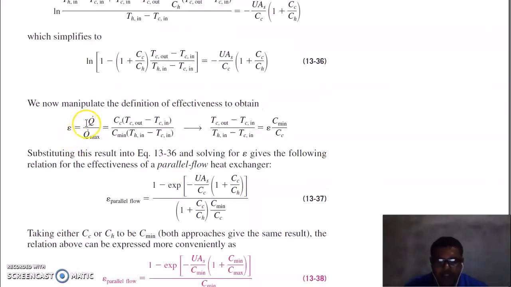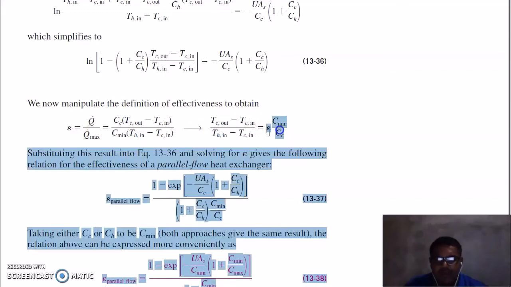Now we know effectiveness is equal to Q by Q maximum, and Q is this heat transfer of a fluid, which is C_c times (T_c,out minus T_c,in). This is the actual heat transfer, and the maximum heat transfer is C minimum times (T_h,in minus T_c,in), that we had already discussed. Now if you equate this equation and this equation, you will get this equation.